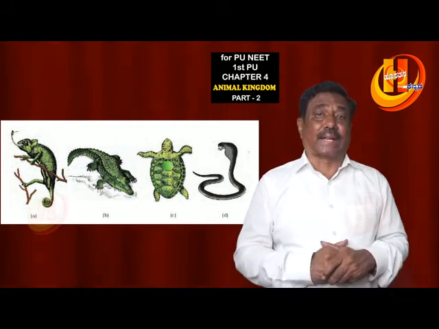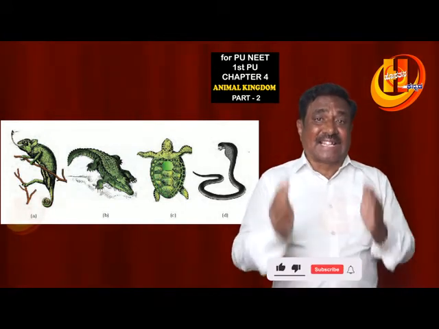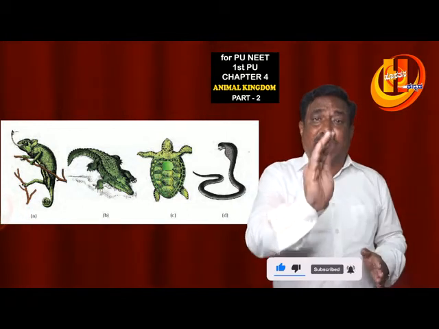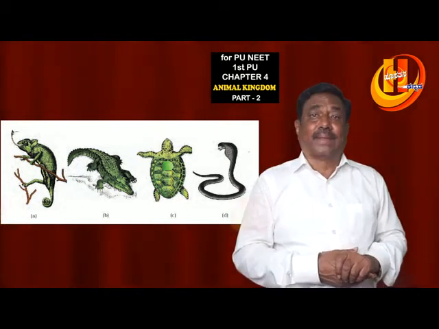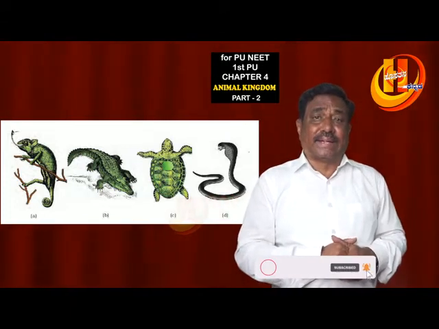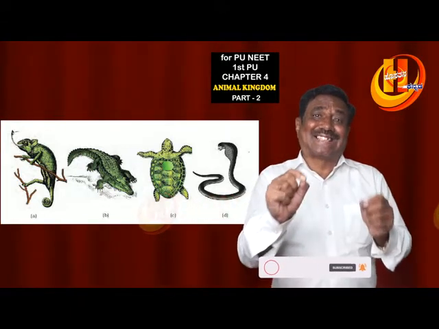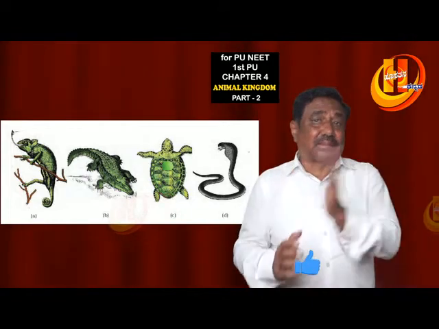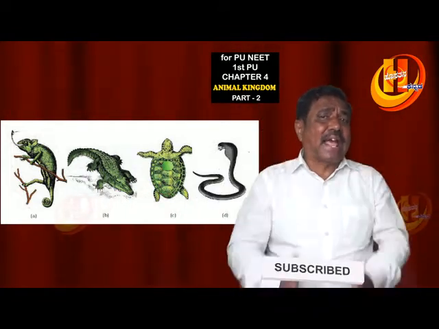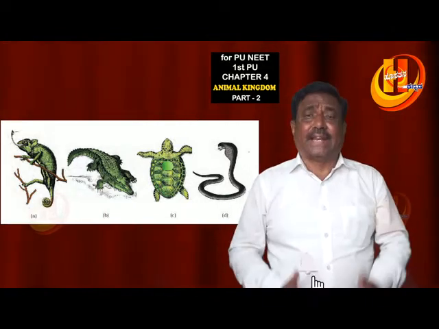And then after alligator, the poisonous snakes, that is very, very important. Naja is cobra and Vipera is viper, and Bungarus is krait. So these are all the various examples for class Reptilia, very, very important.